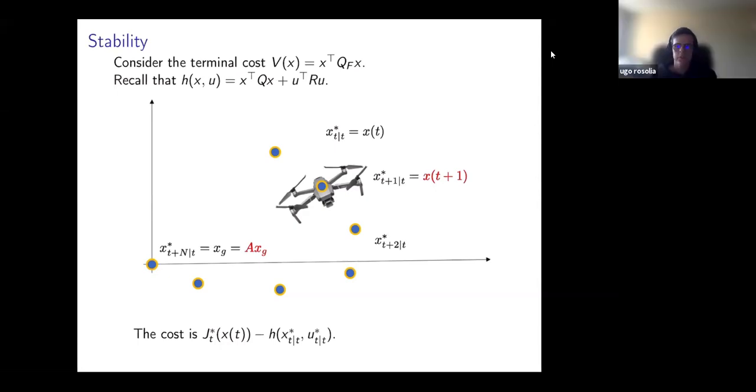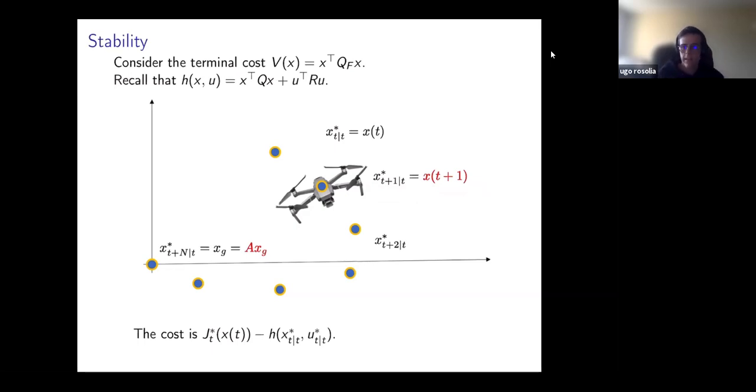Yes, this is a great question. I think your volume was a bit low, so let me repeat the question for everyone. Your colleague is asking if the fact that here we are assuming that the system dynamics are exact might cause feasibility issues. The answer is absolutely yes, and this has been something that has been studied in MPC.